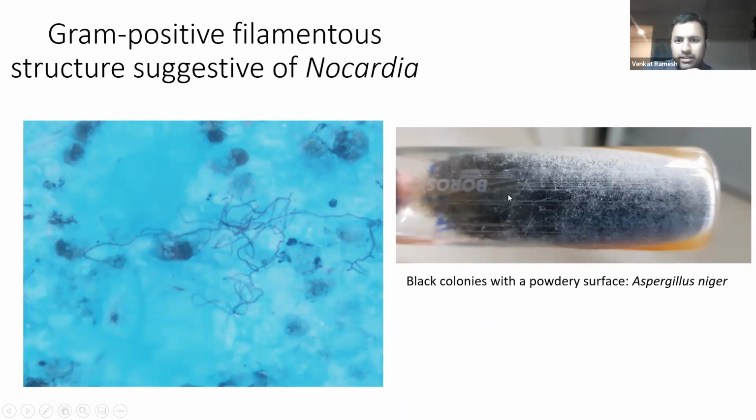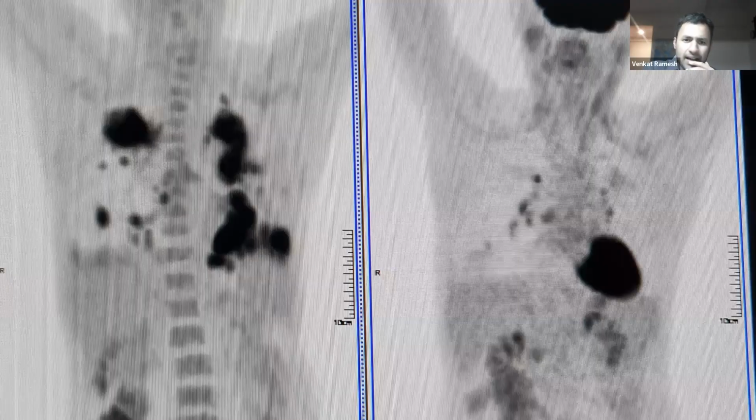And in this setting, PET-CT was used more for prognostic purposes or in terms of monitoring disease response to therapy. And you can see, these are the images taken about 3 or 4 months apart. The one on the right is the latter image. This is at the beginning of therapy, more or less.